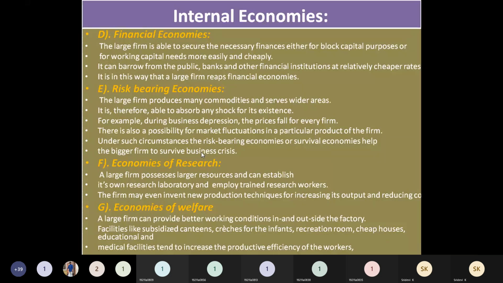If you provide like this, automatically that will increase the efficiency of the worker. They will be satisfied with all these facilities, and they need not think about all these things because everything is provided by the company. They are going to concentrate only on the work, which will increase the productivity of the company. So we can say that it is an advantage to the company.